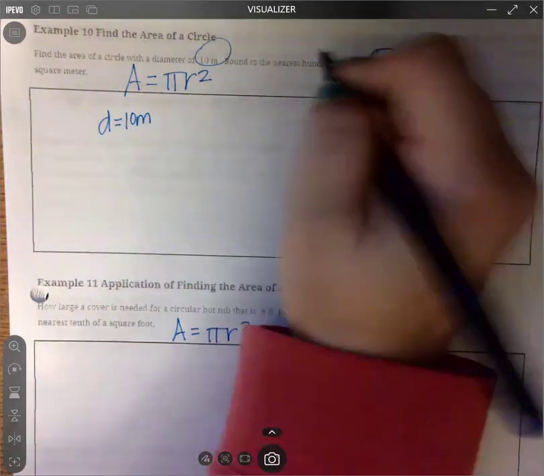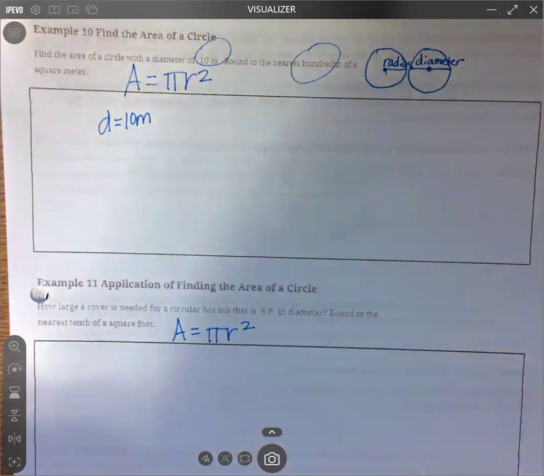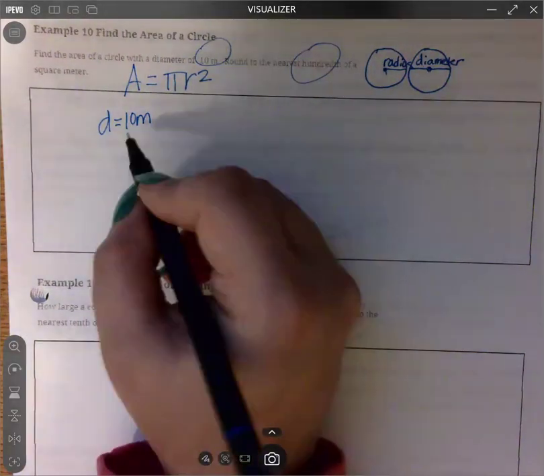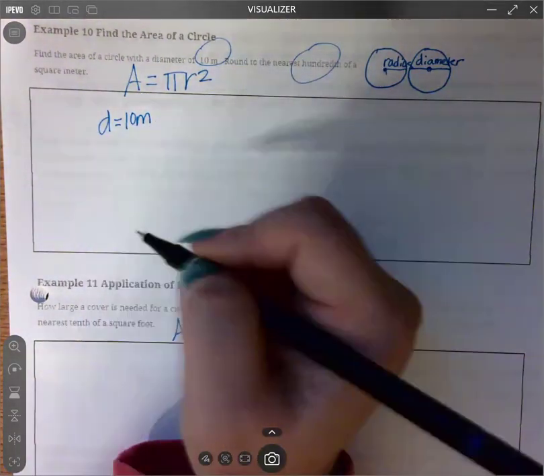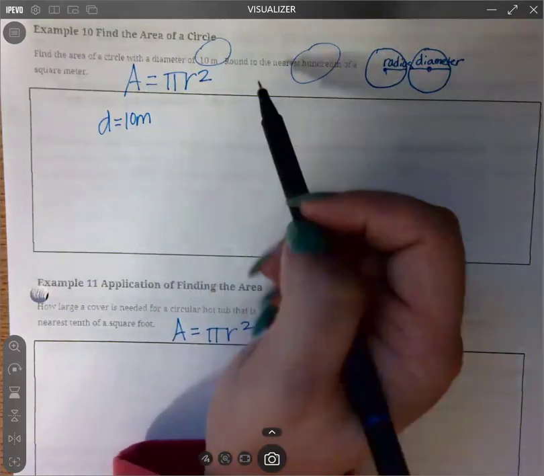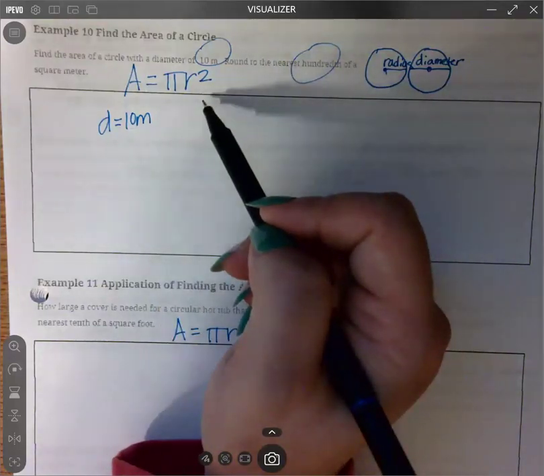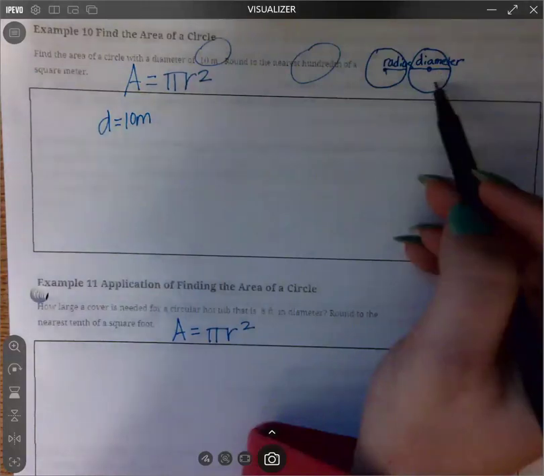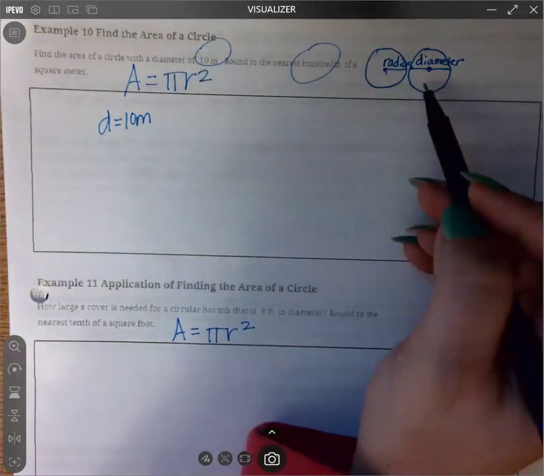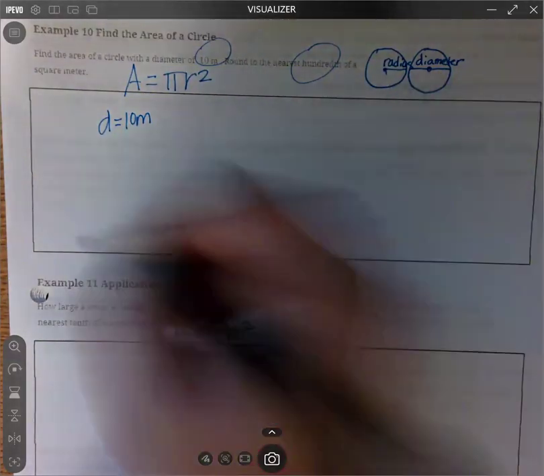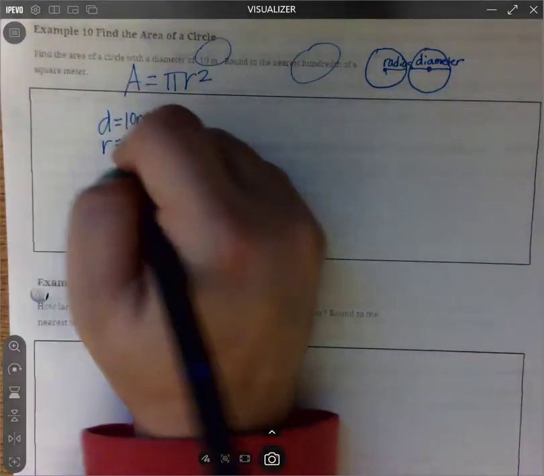Round to the nearest hundredth, or 2 decimal places. As we look at the diameter, we notice that in our formula we need the radius. If the diameter is 10, half of 10 is the radius, or 5 meters.